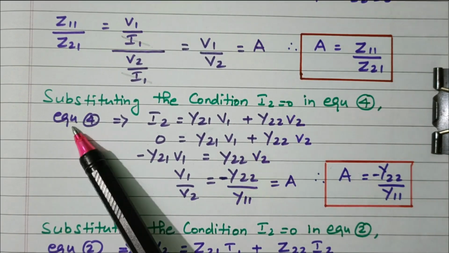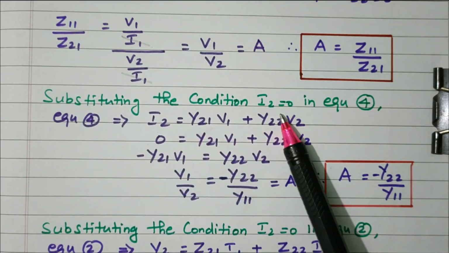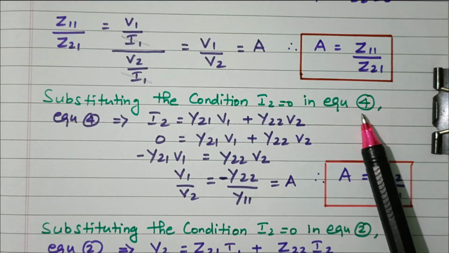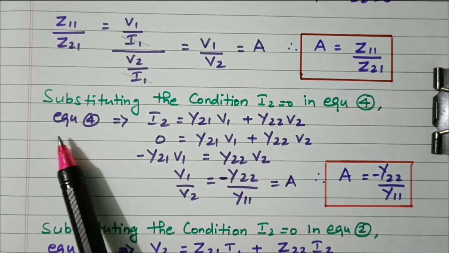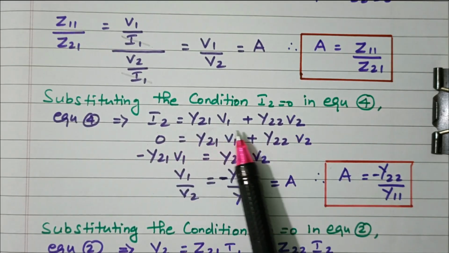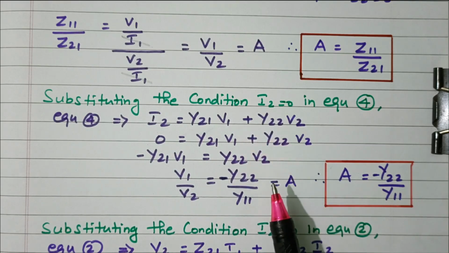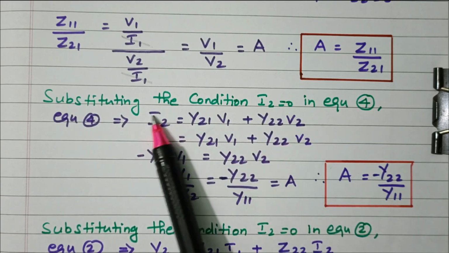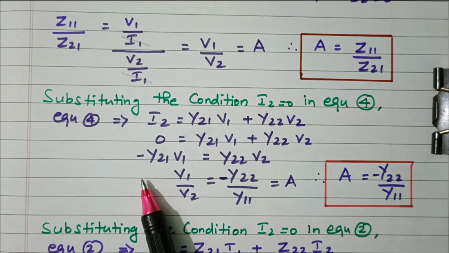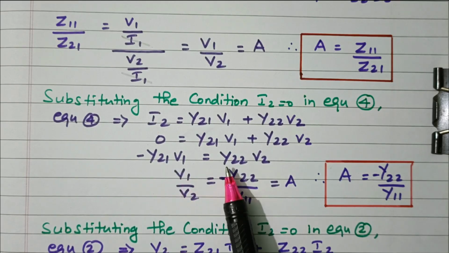Second, substituting the condition I2 equal to 0 in equation number 4. This is the fourth equation: I2 equal to Y21 V1 plus Y22 V2. Here we are going to substitute I2 equal to 0. So this I2 becomes 0. Bring this term this side, so it becomes negative: minus Y21 V1 equal to Y22 into V2.